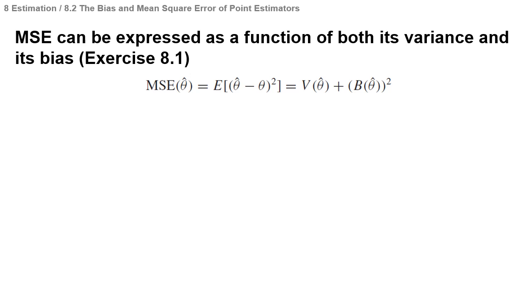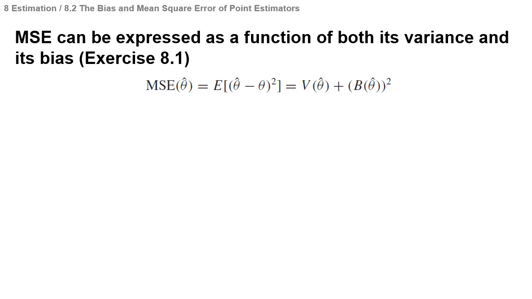Previously, we discussed the goodness of estimators. One of the criteria is variance, and the other is the bias term. So we want to minimize both the variance and bias. And actually, the criterion for minimizing mean square error considers both the variance term and the bias term.